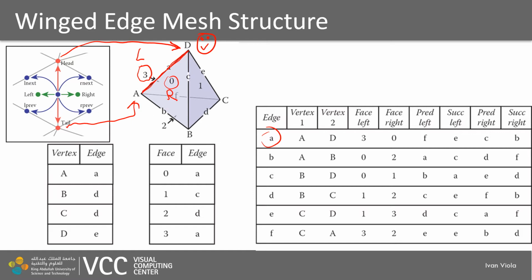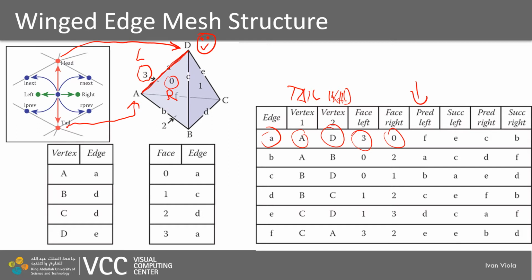And now you can see we have a tail, we have the head, we have the left face, which is number 3, and we have the right face, which is number 0. Now within the left face we are looking for the previous edge.